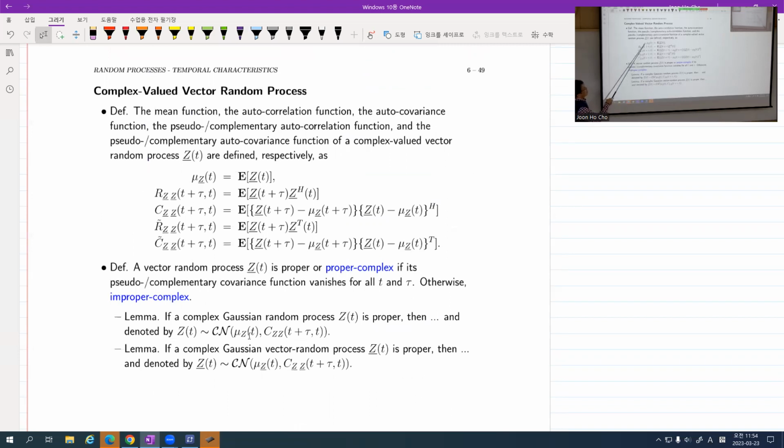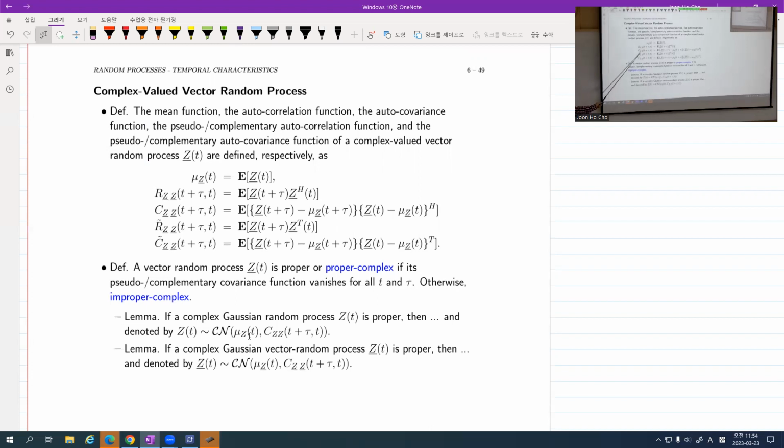Here is the mean vector function, right? It's a vector valued function of t. And you have what? Matrix valued function of t and tau. That is the correlation function of vector random process.